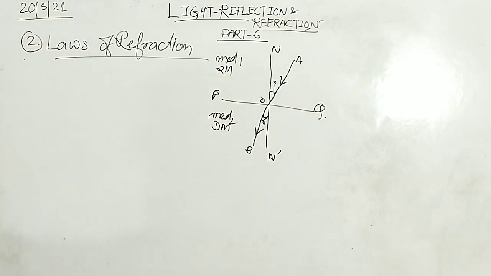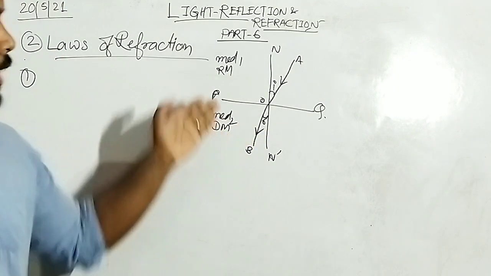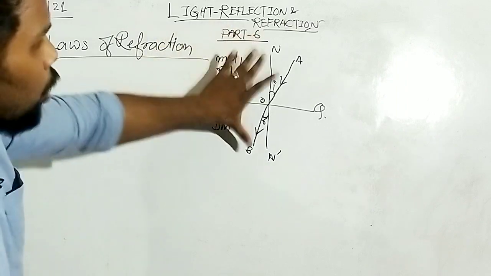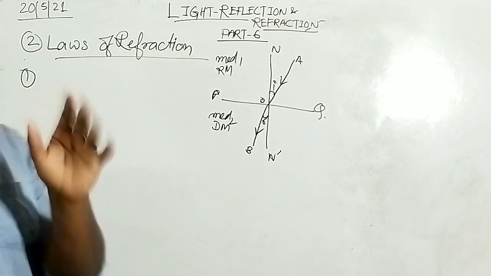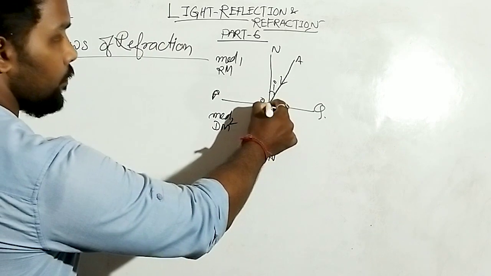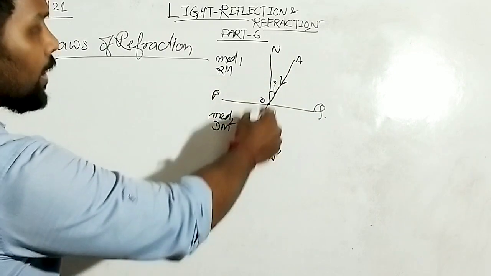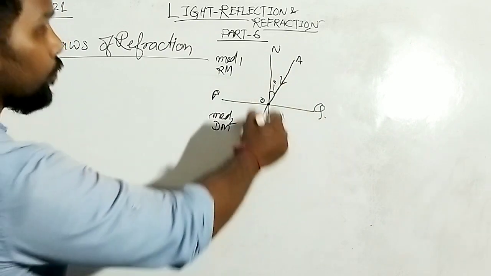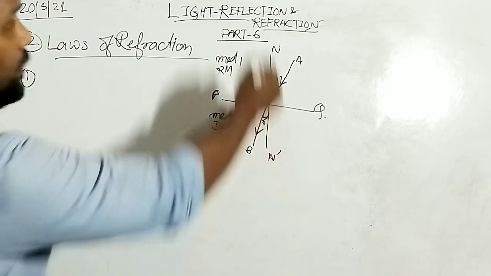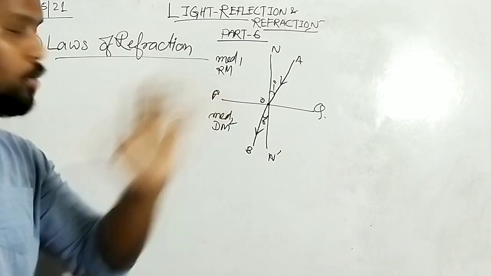So the first law says that the PQ surface, if you look closely, is quite similar to the laws of reflection. If you consider this as a point, the incident ray is incident on this point, the refracted ray refracts from that point, and this normal is again on the same point, and that point lies on the PQ surface.